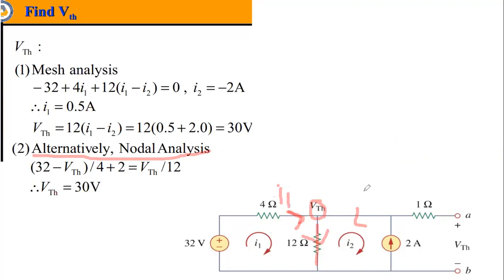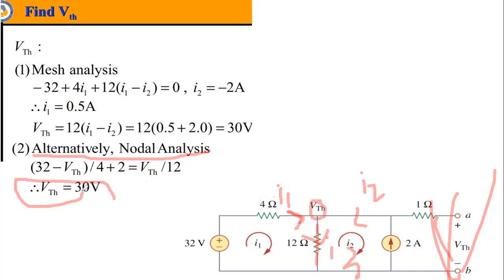I1, I2 and I3. This portion is not playing any role. If you do it like this, (32 minus VTH) by 4 is I1 plus 2 ampere, which is equal to VTH by 12. From this equation you can directly get VTH.